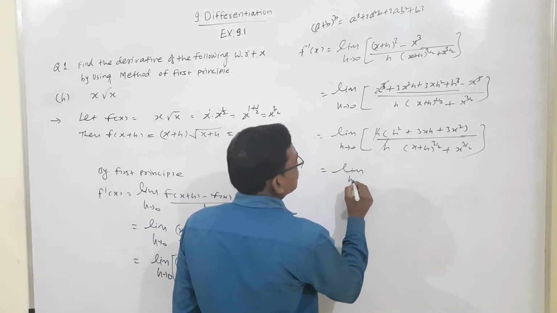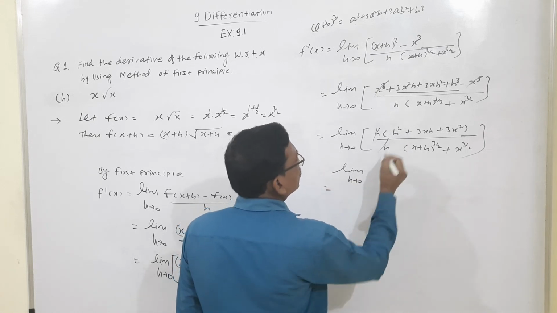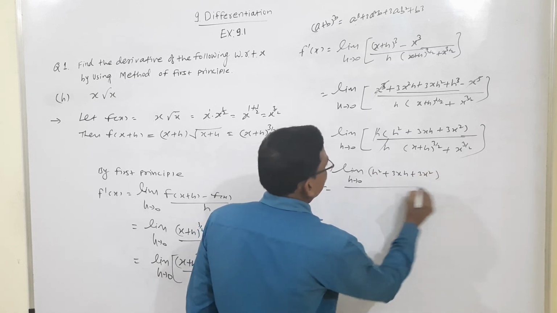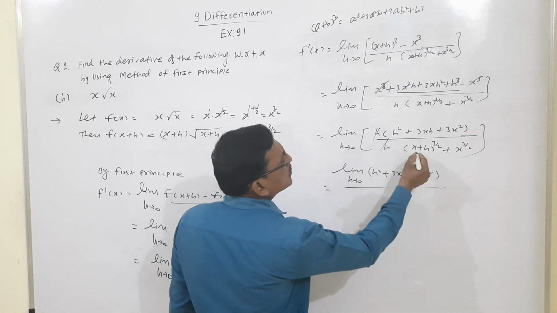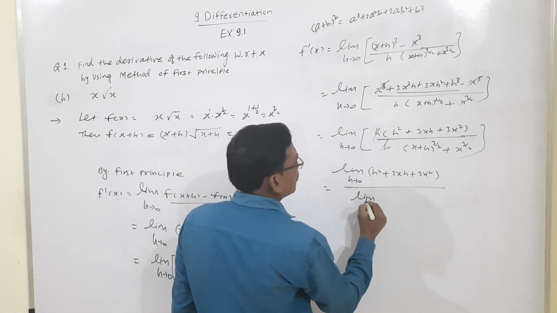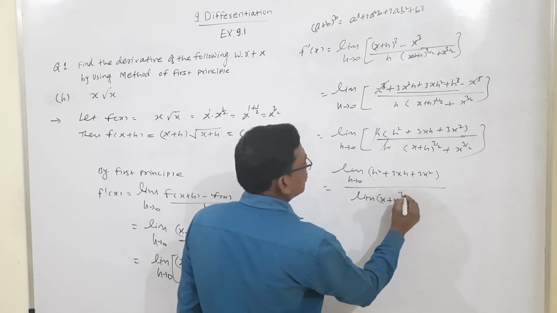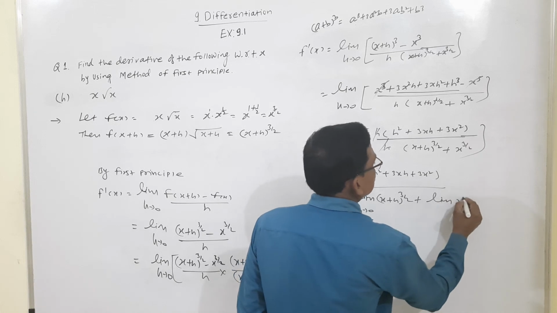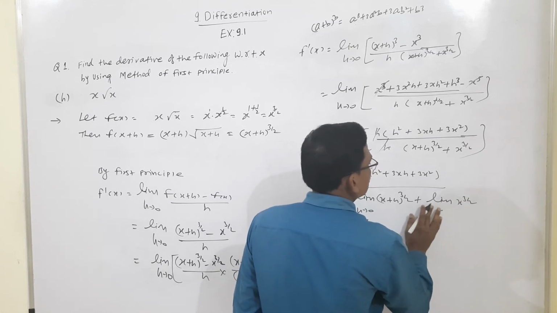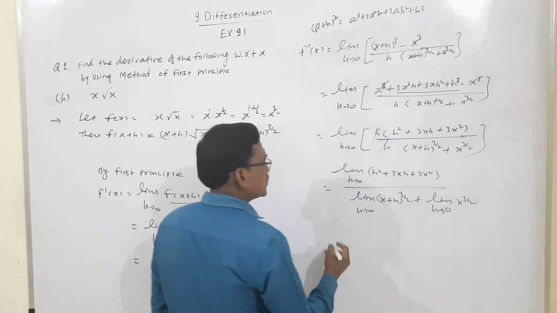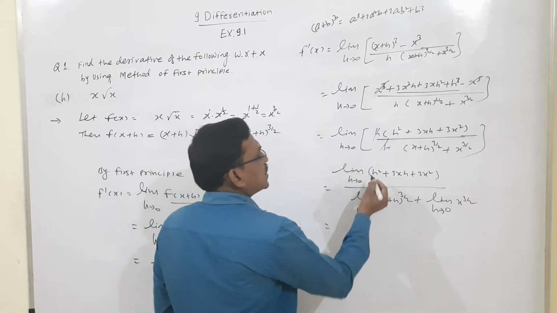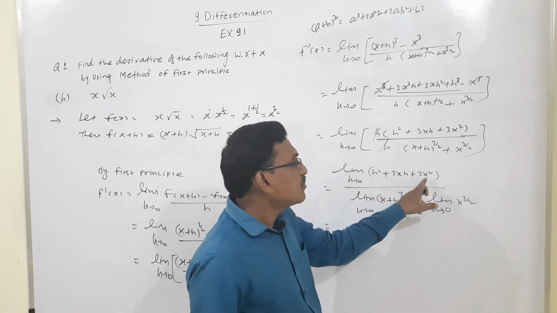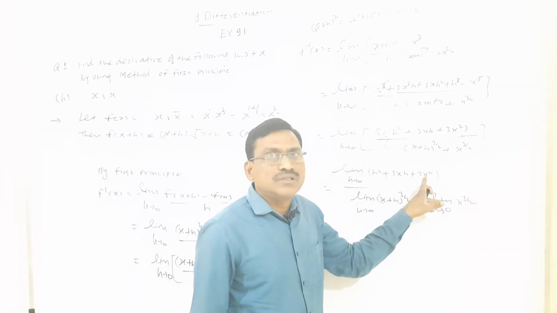Limit as h tends to 0 in the numerator, h square plus 3xh plus 3x square, divided by, in the denominator, limit as h tends to 0 of x plus h to the power 3 by 2 plus limit as h tends to 0 of x to the power 3 by 2. Here there is h, that's why it becomes 0. This term is also 0, h is here, but this term is not 0 because h is absent.